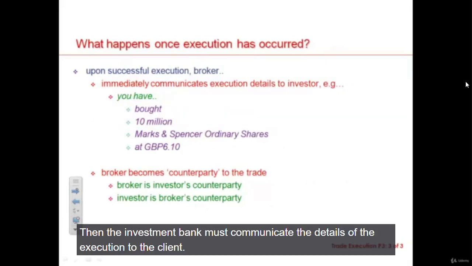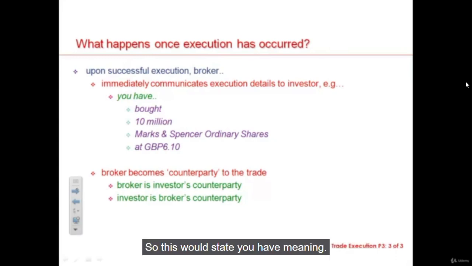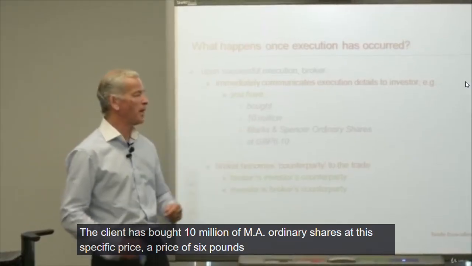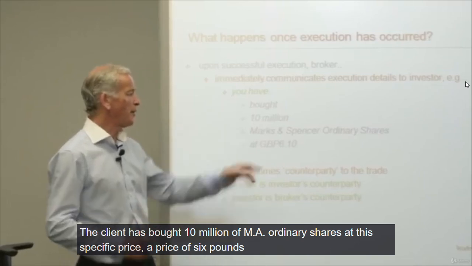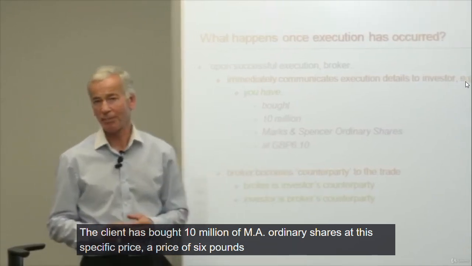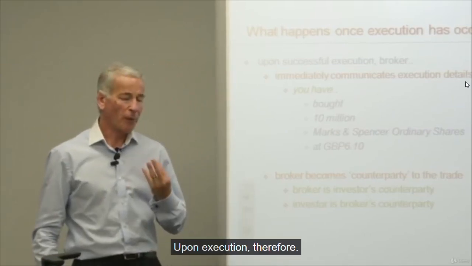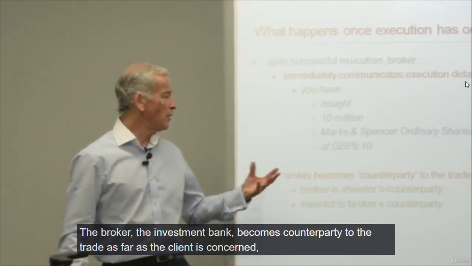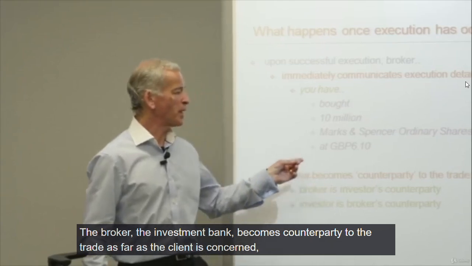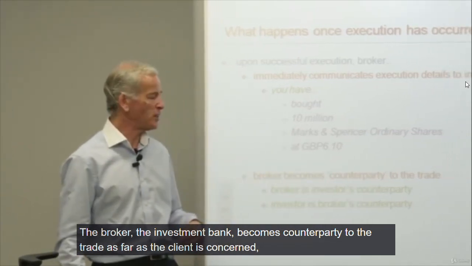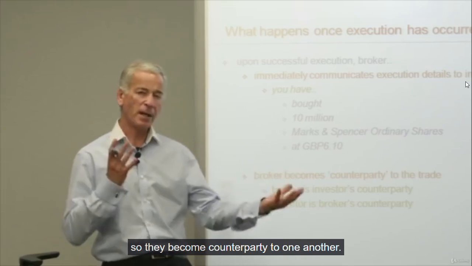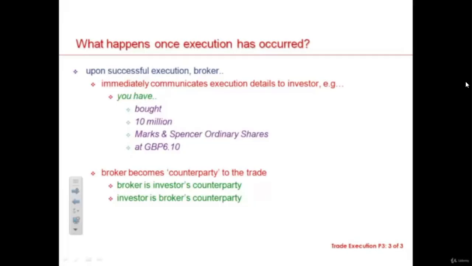Then the investment bank must communicate the details of the execution to the client. So this would state you have, meaning the client has, bought 10 million of M&S ordinary shares at this specific price, a price of £6.10 per share. Upon execution, therefore, the broker, the investment bank, becomes counterparty to the trade as far as the client is concerned. So they become counterparty to one another.